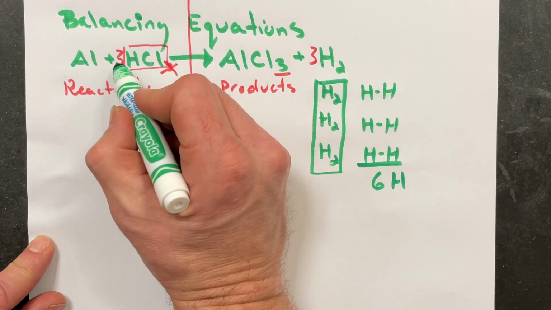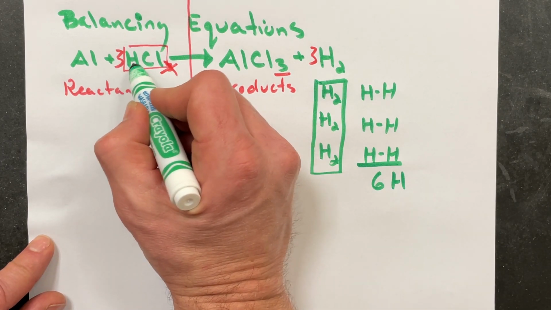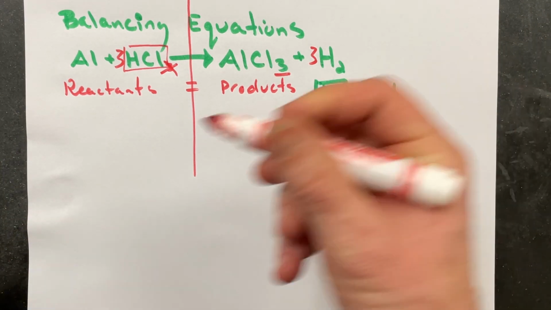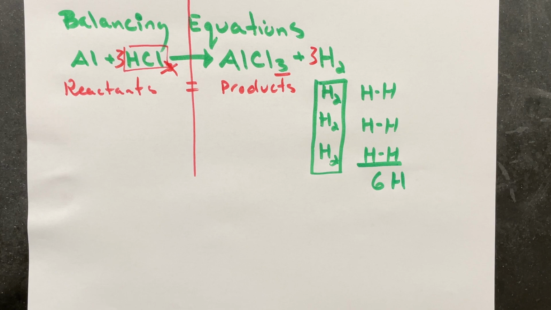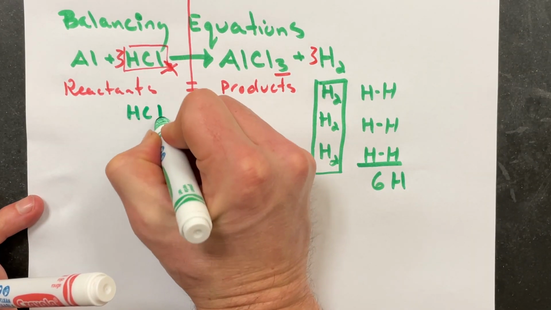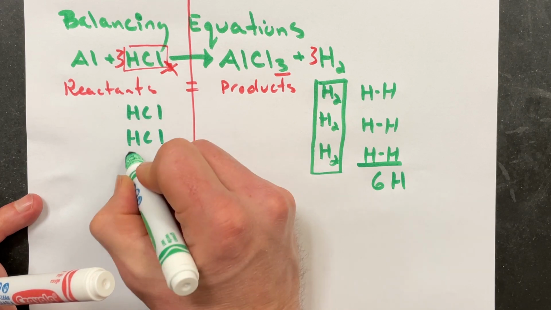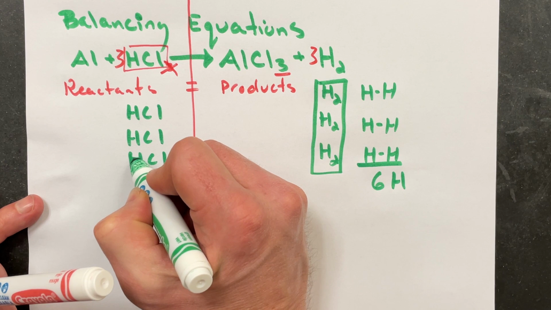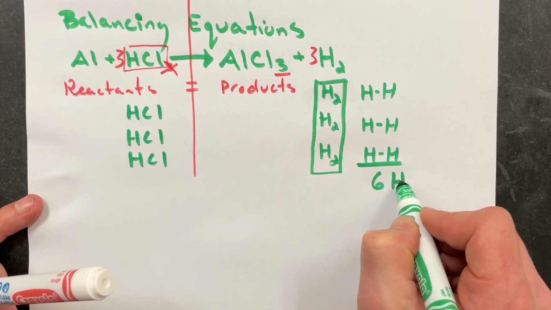Over here, currently I said I have 3 hydrogens. So I'm going to need to change this because this 3 right here told us I have HCl, HCl, and HCl, which has 1, 2, 3 hydrogens, but we need to get to 6 hydrogens.